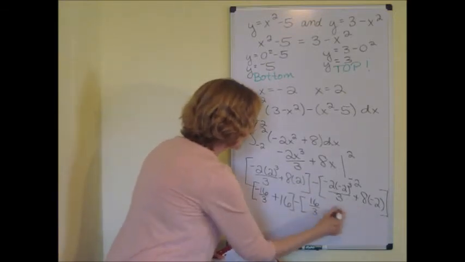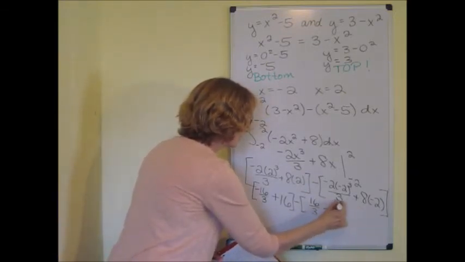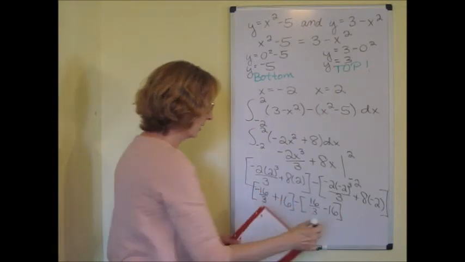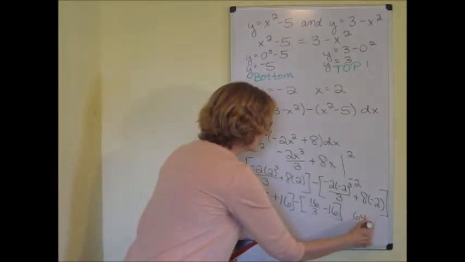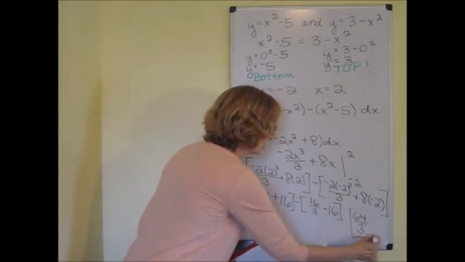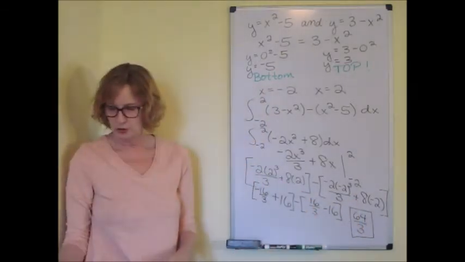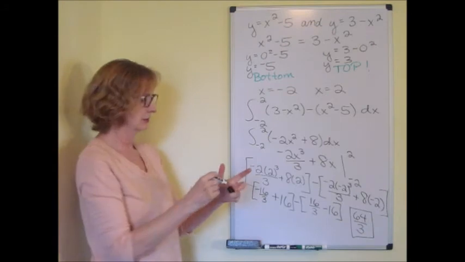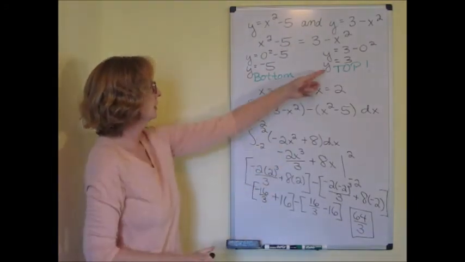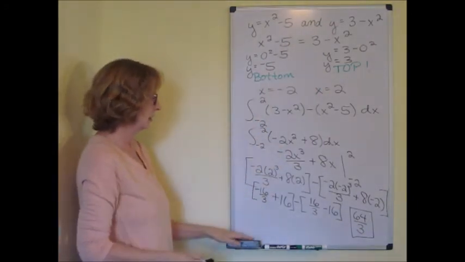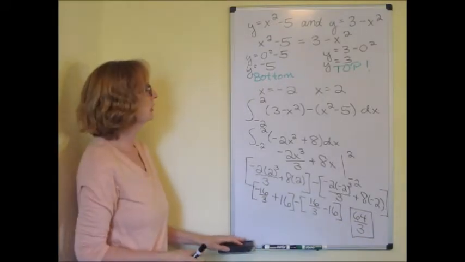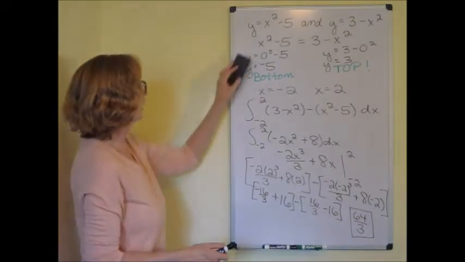And then a minus 16. Plug all that in, and I'm getting 64 over 3 for that one. So the basic formula is really just to take the integral of the top minus the bottom, integrate, and then pop in your limits of integration. Let's try another one.